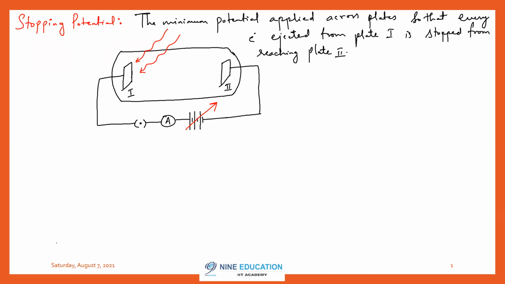The minimum potential applied across plates so that every electron ejected from plate 1 is stopped from reaching plate 2. In other words, what can I write?